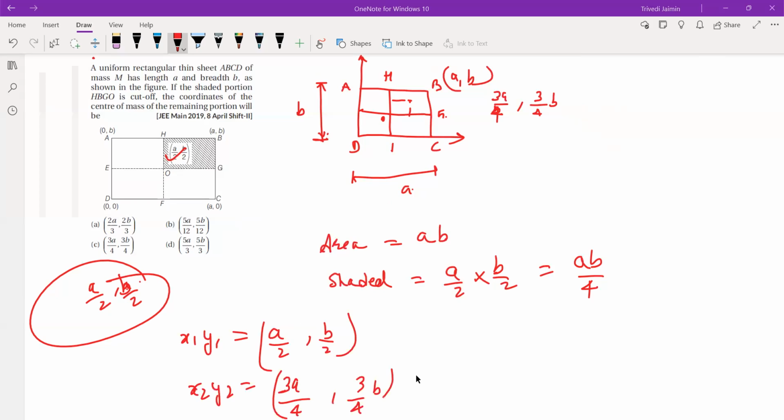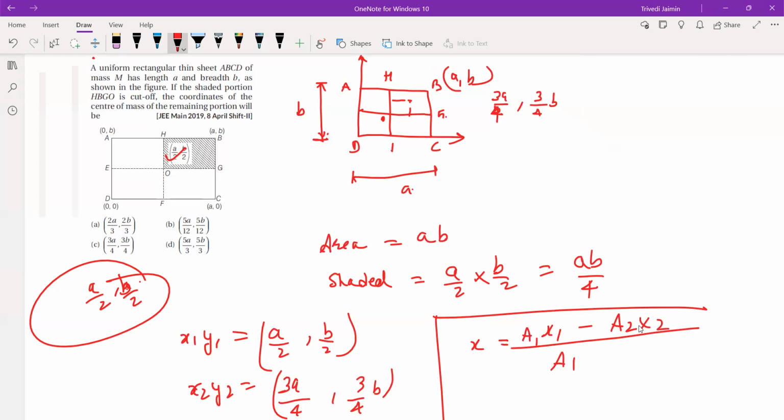Now we need to subtract. Let's subtract this. I'll solve here itself because I need the diagram. Okay. Center of mass equals A, that is total area, into x1 minus A2 into x2 divided by... Sir, I got B only, sir.